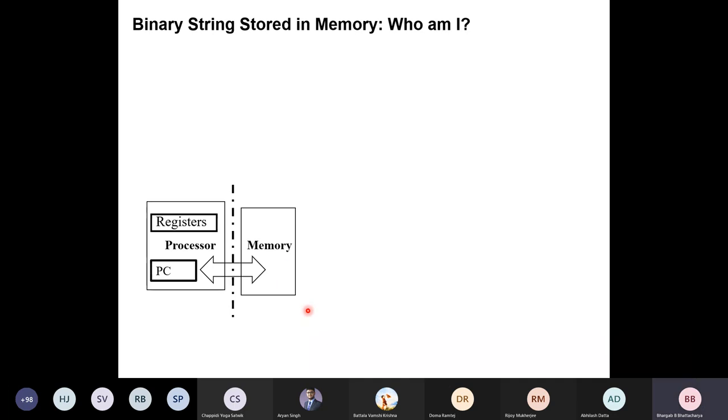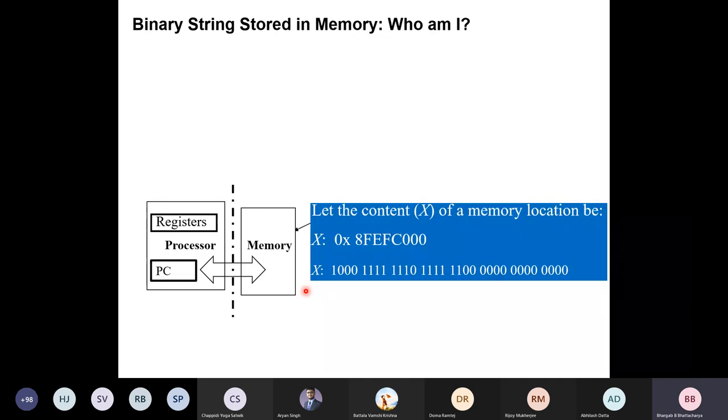If we look into memory, your high-level program is not there. Everything in memory is just strings of zeros and ones. Now imagine that you are looking into a particular memory location, and assume that you have a memory word here which is 32 bits long. That means 4 bytes.